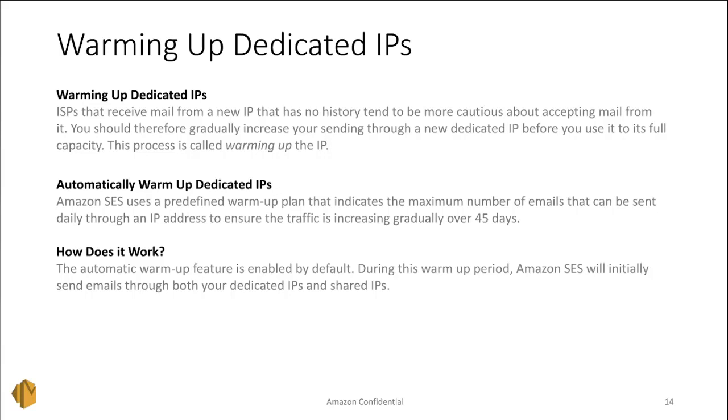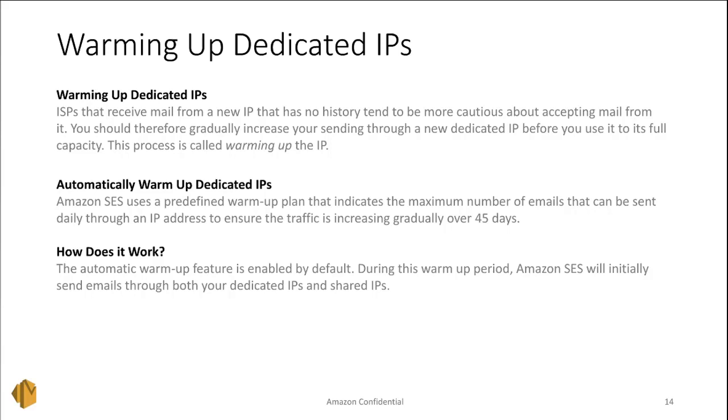At the end of 45 days, none of your emails will go through the shared IPs, and everything will move over to the dedicated IPs. We move the traffic over without you getting involved, and by that, we warm up your IPs, and your IPs are ready to go.